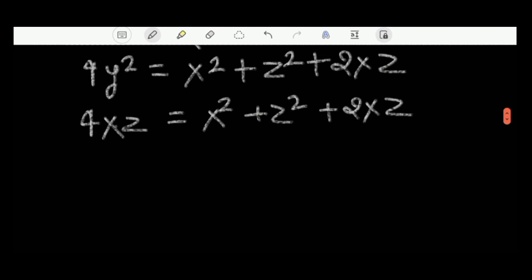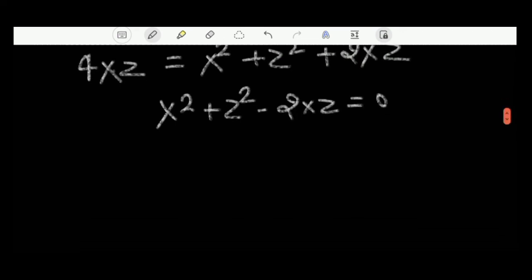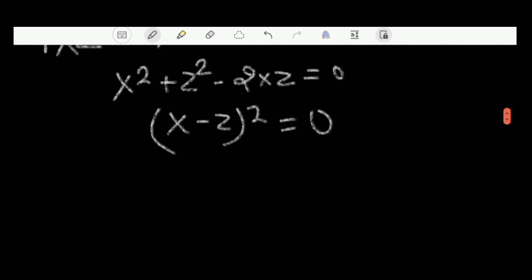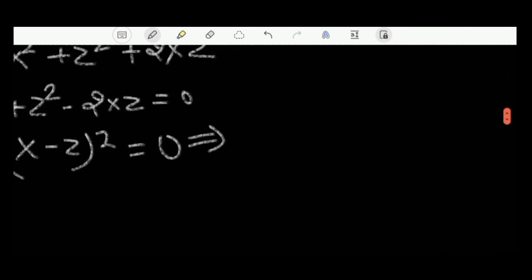We can solve this expression, and we finally get x minus z whole square equal to 0, which simply implies that x is equal to z.